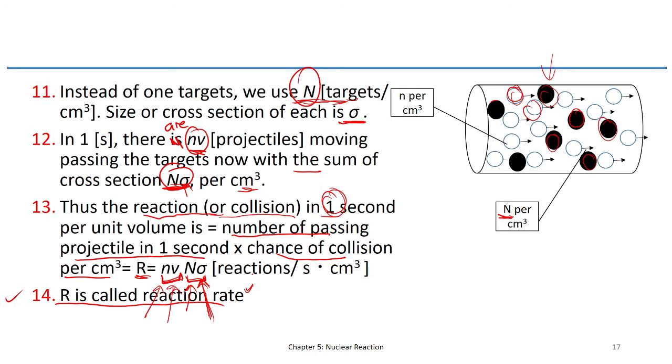If you see the equation, the reaction rate will increase if we have a bigger cross section, higher density of target nucleus, higher velocity of the projectile, or higher density of the projectile.